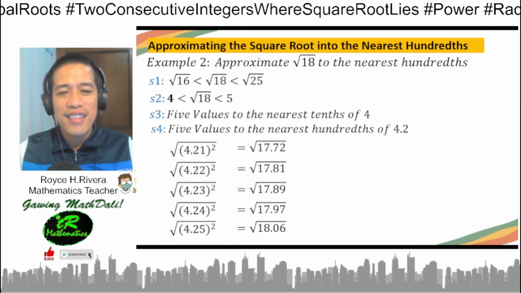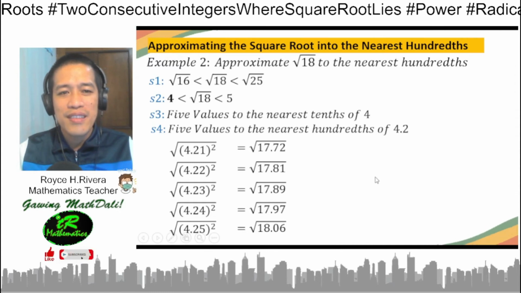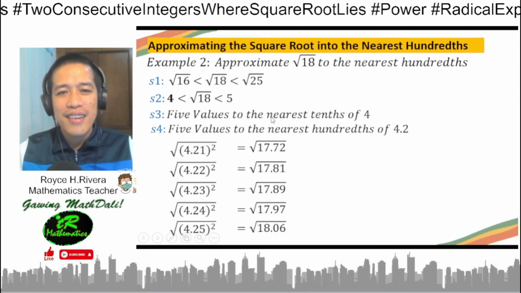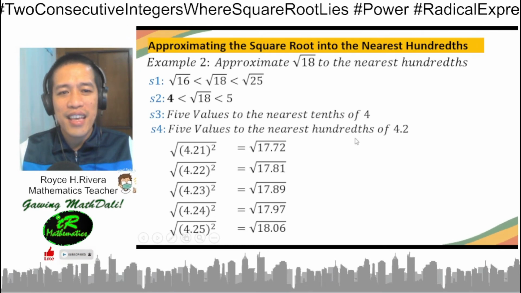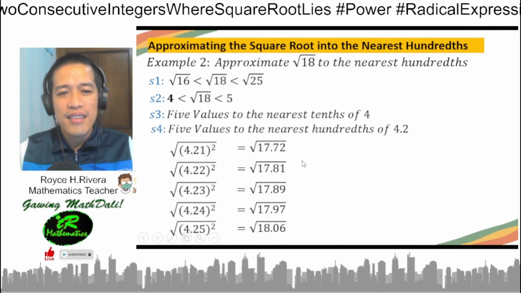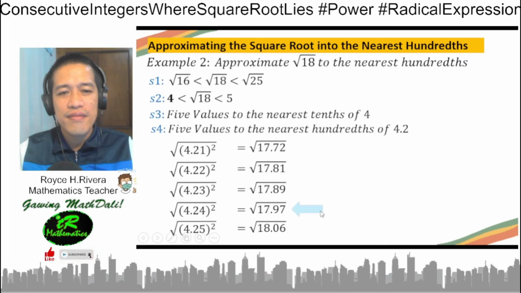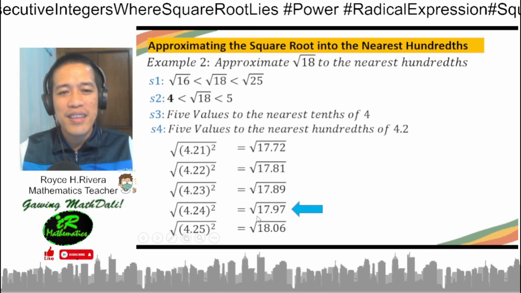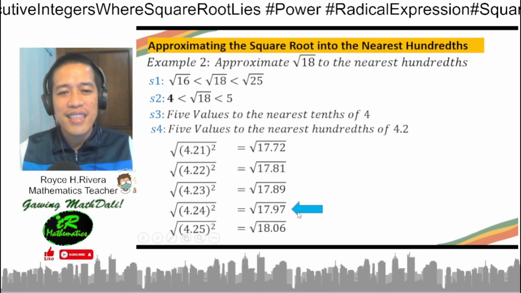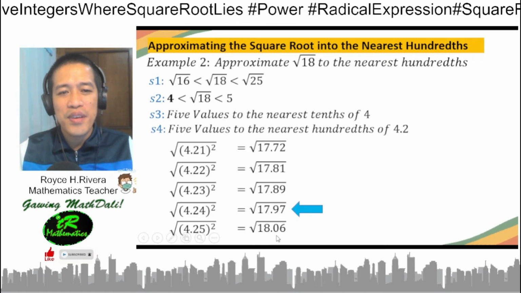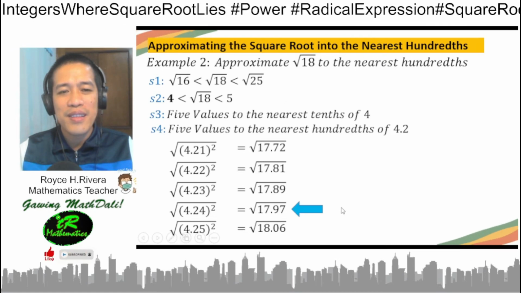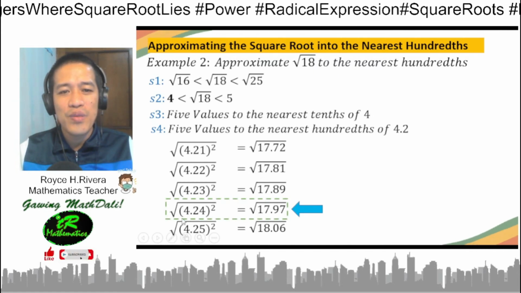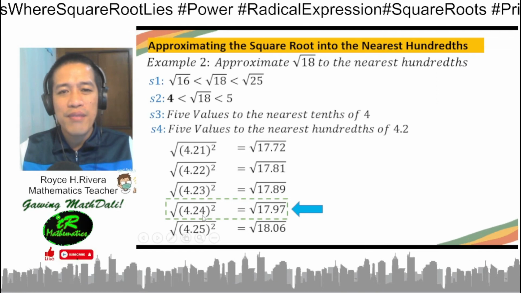Now we get the radical expression closest to the square root of 18, but not more than the square root of 18. And we will have this radical expression, the square root of 17.97. The square root of 18.06 is over the square root of 18. The square root of 17.97 is equal to the square root of 4.24 quantity squared.